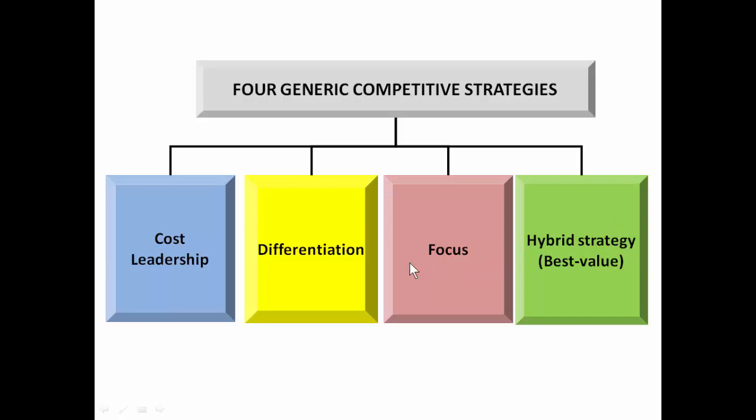At the same time, we have a sort of combination. This green is actually a combination of blue and yellow, a combination of cost leadership and differentiation strategy. So what a hybrid strategy actually is, it is a combination of trying to compete with a certain brand.